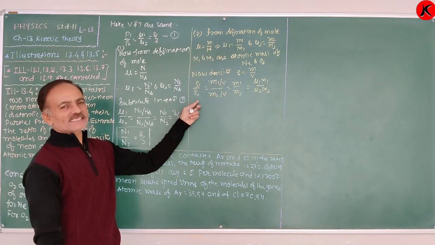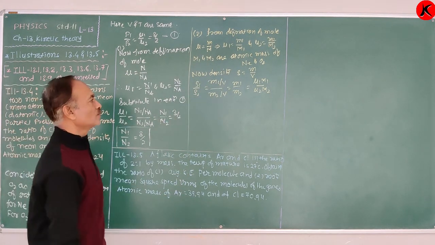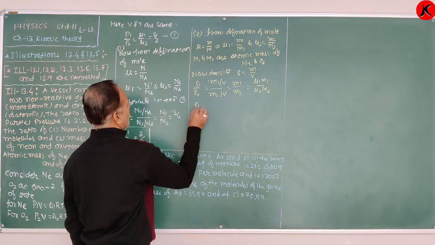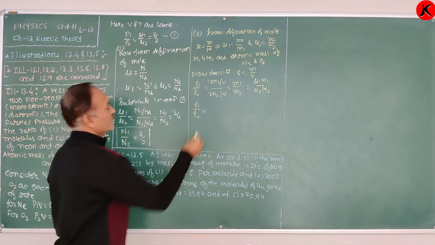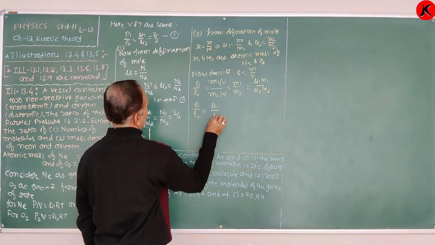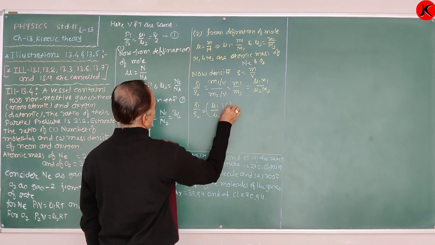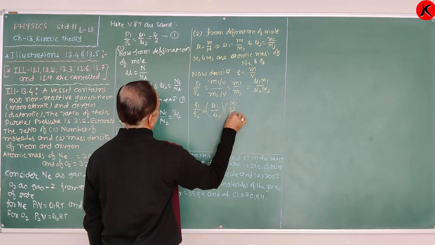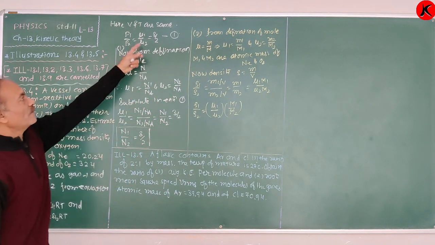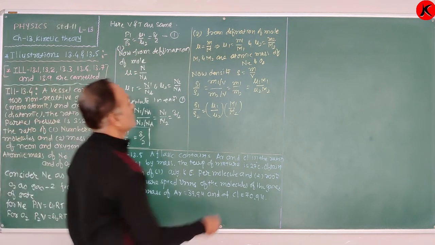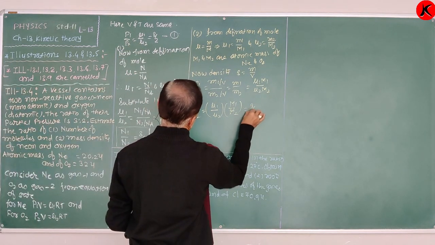Therefore, the ratio of the density rho1 upon rho2 is equal to mu1 upon mu2 into the bracket M1 upon M2. But mu1 upon mu2 we already obtained from equation 1, that is 3 by 2.